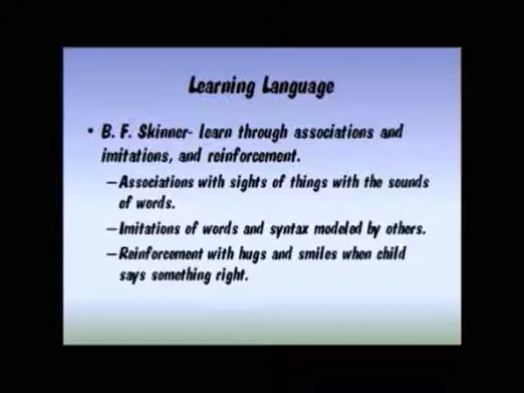So associations: when you're teaching a child, you mouth the words using the phonemes and the mouth charts that were shown earlier. Imitations of the words: if you're trying to teach the child apple, you show them the apple. And then reinforcement: when they finally say the word apple, you hug them, you smile, and then they'll be saying apple all day long.